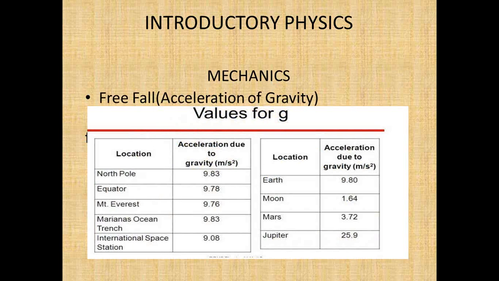Now, the acceleration of gravity varies depending on where you are, because remember, it is that pull towards the center of an object. We talk about the center of Earth, but that's just the acceleration due to gravity of Earth. If you were at the North Pole, still on Earth, the acceleration due to gravity is 9.83 meters per second squared.